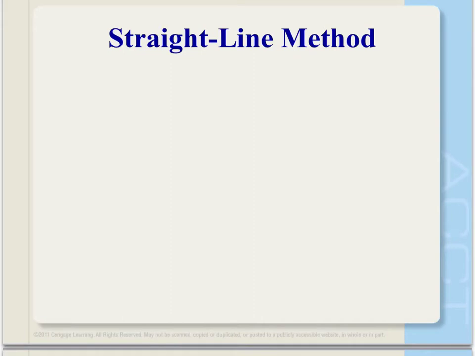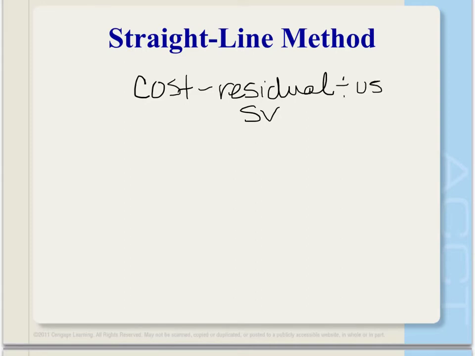So the straight line method. The formula for straight line is cost minus residual or salvage value, divided by the asset's useful life. That is the formula.